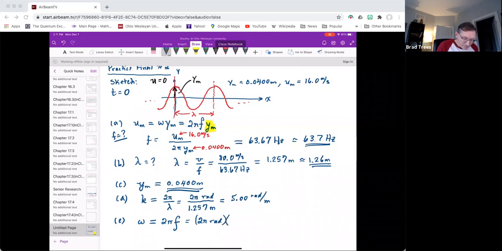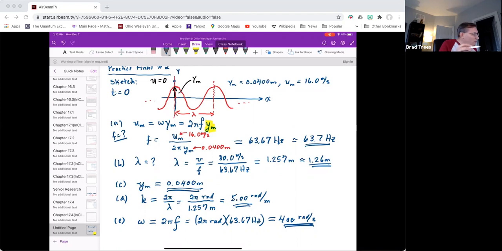And I usually am. And the frequency is, if I use the unrounded value, 63.67 hertz. Remember, hertz is a per second. So that is radians per second. And that turns out to be, to 3 sig figs, 400 radians per second. Okay.